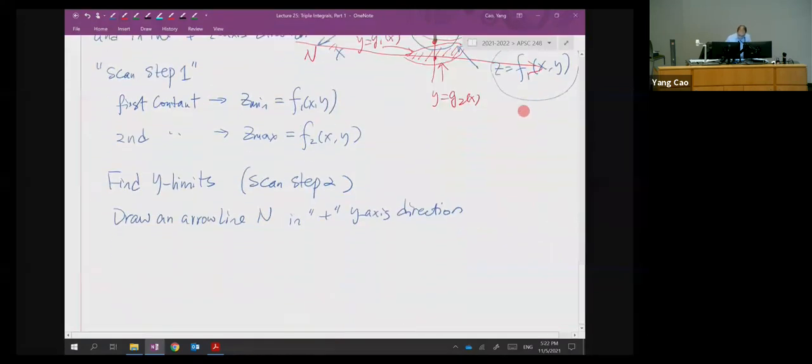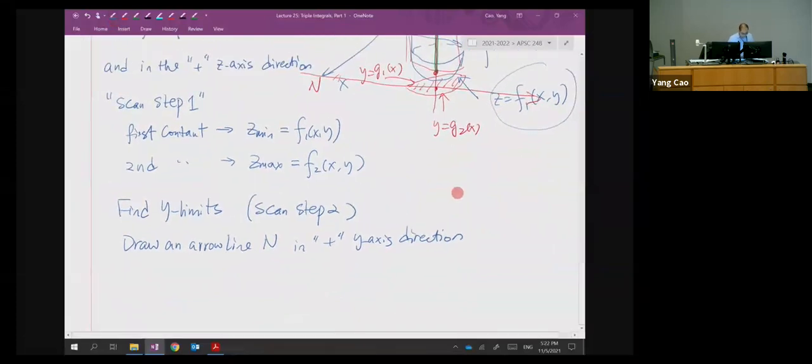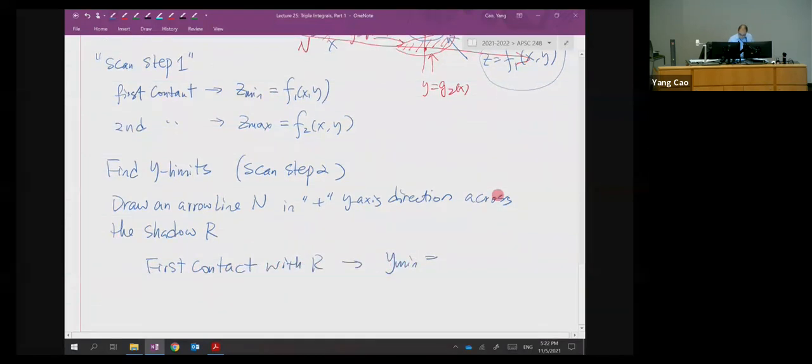So you draw the arrow line in the Y-axis direction across the shadow R. You will have a first contact point. The first contact with R gives you the Y min, and the second contact with R gives you the Y max.